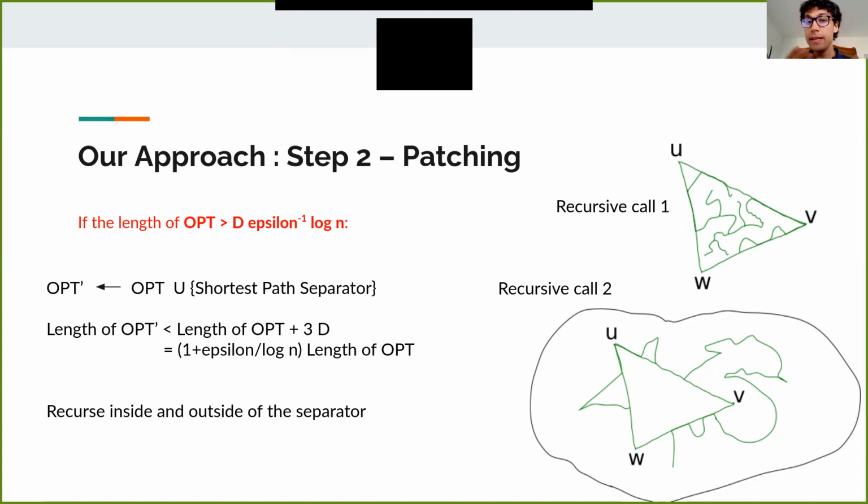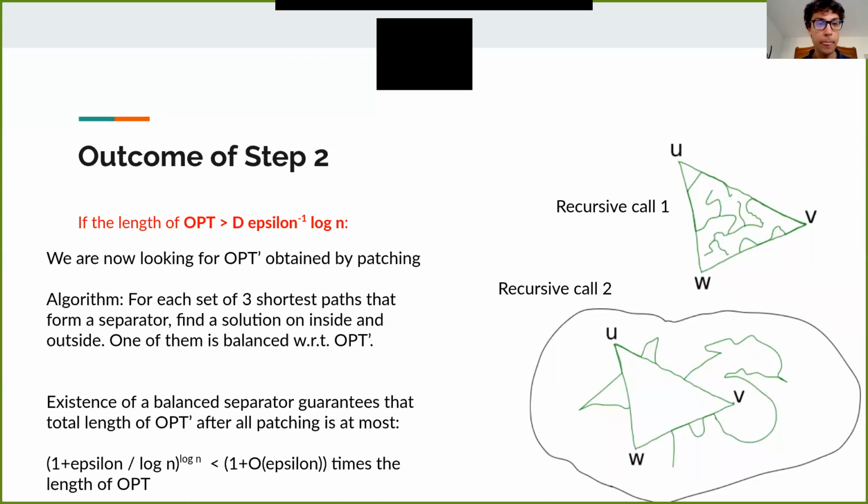We don't need to know which are the connected components inside and outside. It's very simple. Good. So if the opt is very long at that step, we are changing our goal. We are not looking for opt anymore. We are looking for the solution opt prime. And from an algorithmic point of view, I'm going to try all possible sets of 3 shortest paths.